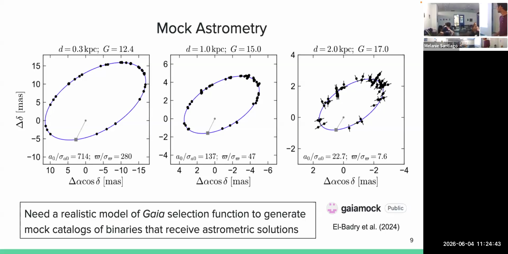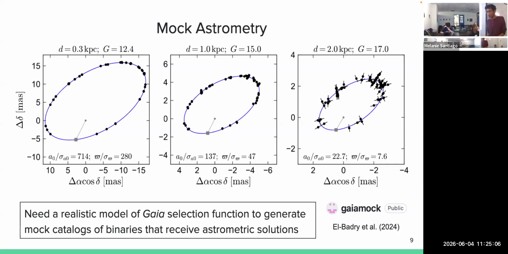So what I'm showing here is some kind of black hole binary that we've taken and placed at different distances. The black points are simulated observations that Gaia makes, and the blue orbits are the fitted orbits for these systems. This is basically showing you how a simulated system would get an orbital solution according to the Gaia mission.